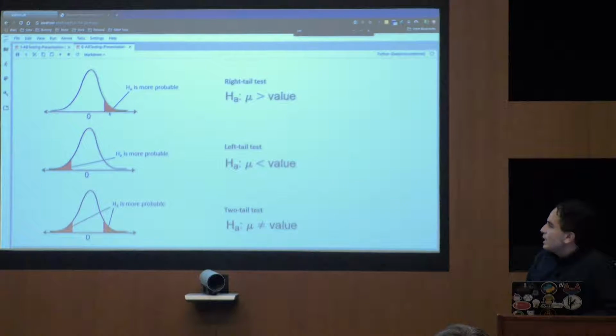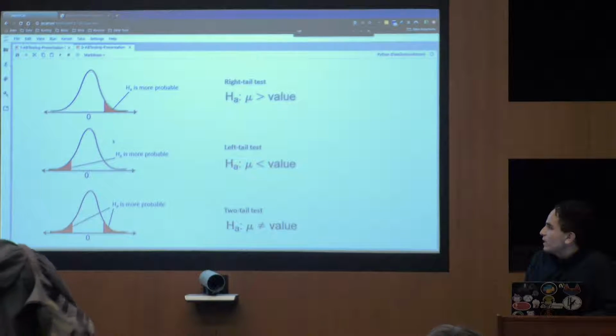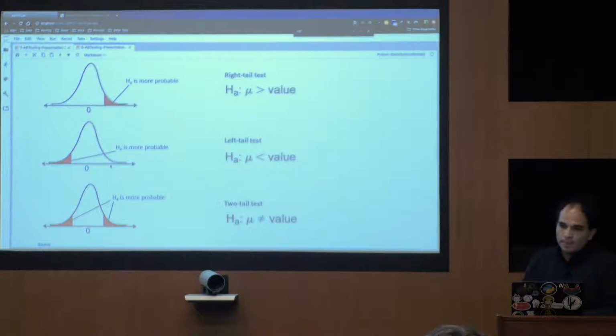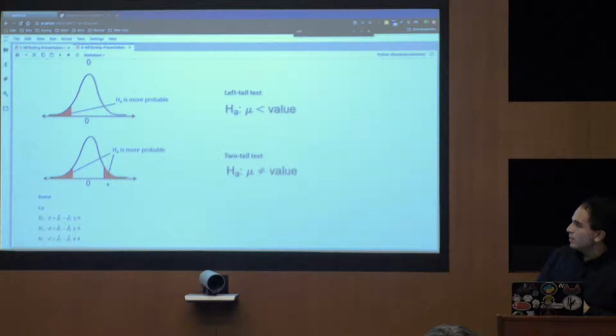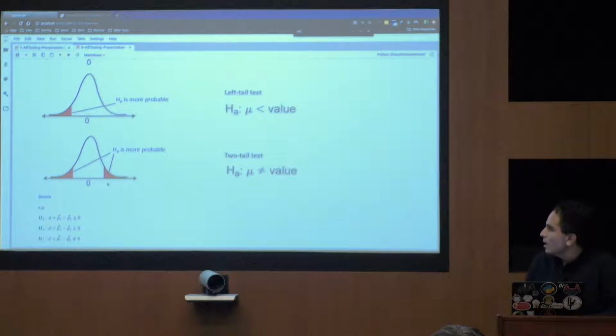Here for the right tail test, we're saying that some value is greater than the difference between these two groups. Here we have a left tail test saying that the difference between these two is less than some critical point. And here there might be a difference between these two groups in either direction.